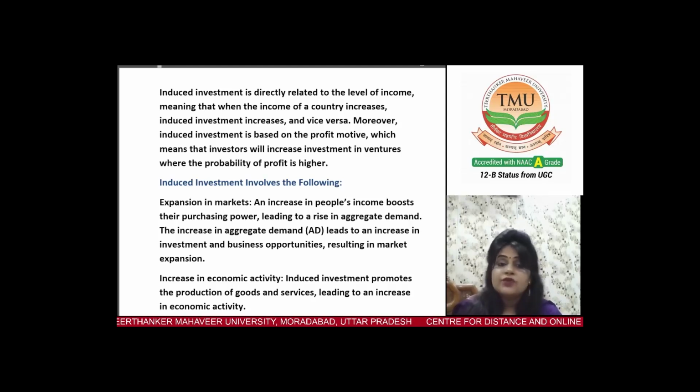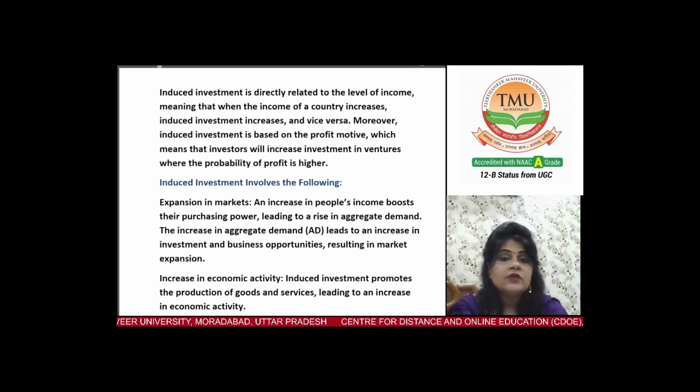So, the investment which depends on profit expectation and has a direct influence of income level is known as induced investment. Induced investment is income elastic. It means that induced investment increases when income increases and vice versa.